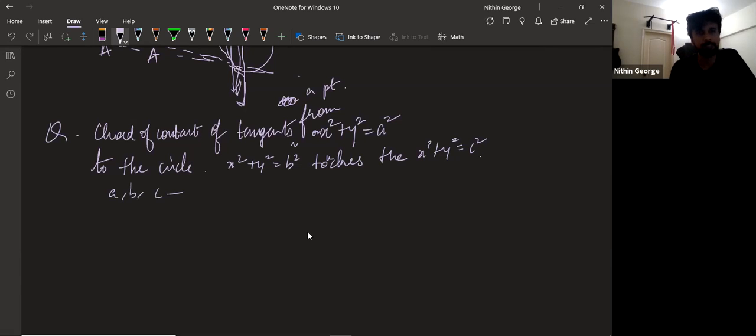Now prove that a, b, c are in GP. Okay, how will the figure look?